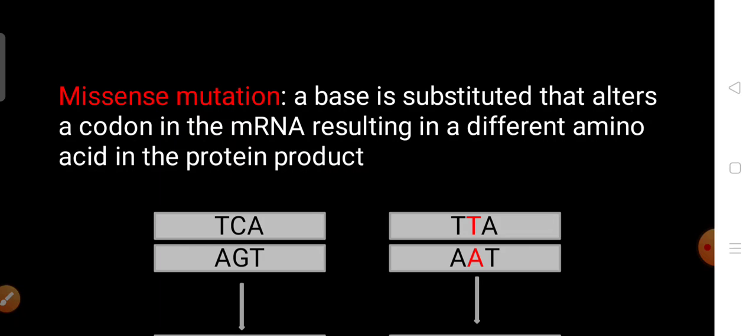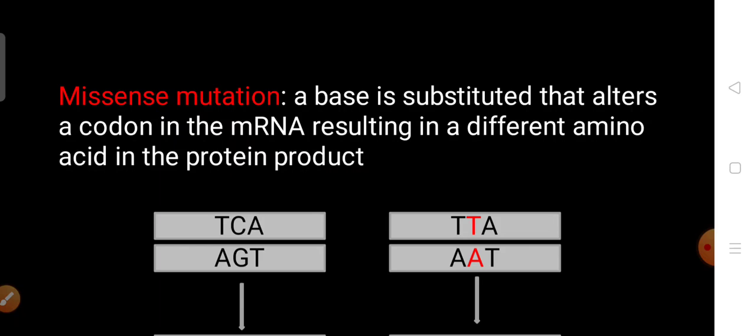Now let us understand what a missense mutation is. Missense mutations are those in which there is change in a single amino acid in a polypeptide chain. Why is there a change in the single amino acid as compared to the normal one?